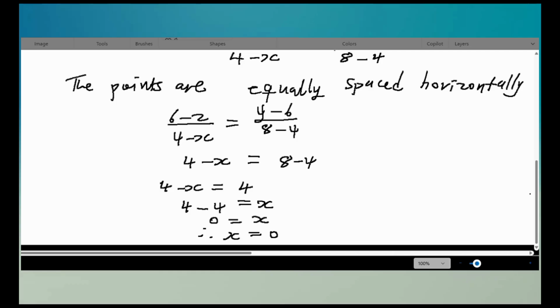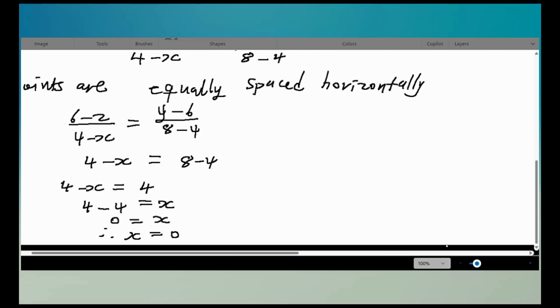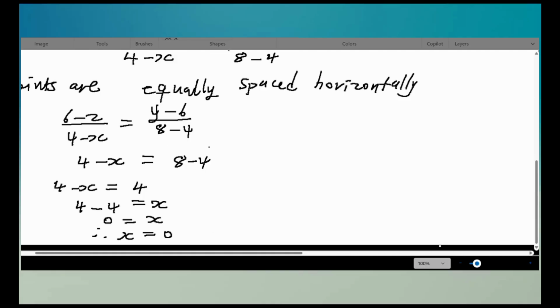And the same thing applies to the numerator. Okay, let us just use the concept of equally spaced for the horizontal. And if that is true, then from 6 minus 2 all over 4 minus x, in place of our x, we're now going to write 0. We had x to be 0, equal to y minus 6 all over 8 minus 4, which will give us 4, right?